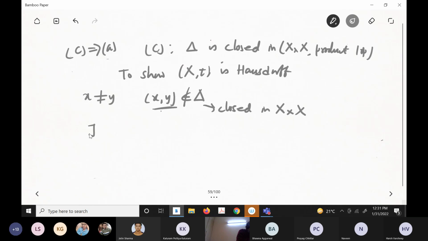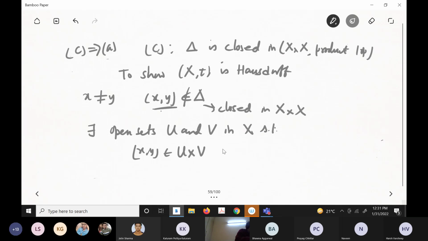So look, what does it mean? That means there exist open sets U and V in X, because X cross X, such that xy belongs to U cross V. This is a basic open set. I am showing you how to work with the product topology.